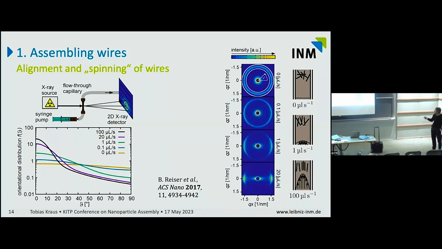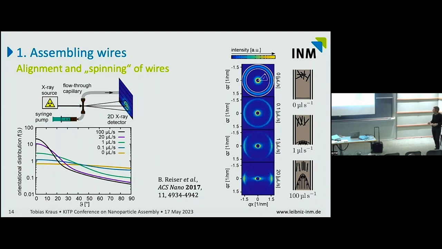If you have no flow, if it's a stagnant fluid containing these wires, then these are moving around. They are less bendable than one may think, a bit bendable, but not very bendable, and they just are randomly distributed in an angular way, and you get this perfect circle here. And if you go to high flows, then you are introducing this laminar flow profile, this parabolic flow profile.